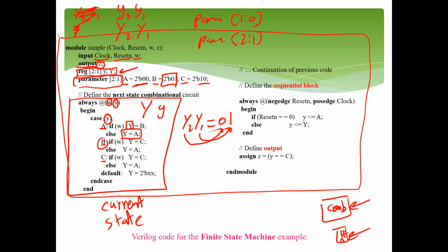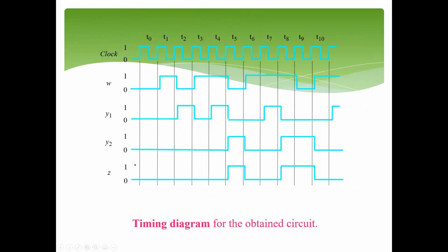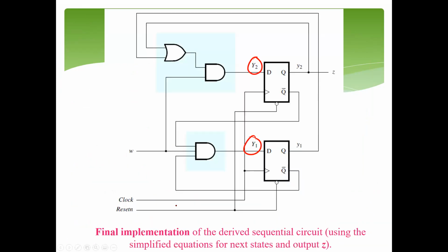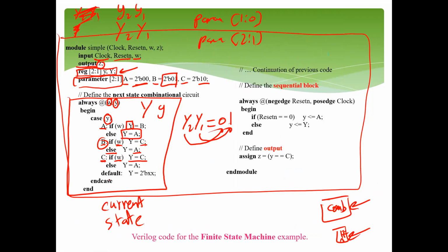Now, at state B, if W equals 1, go to state C. If W equals 0, go to state A. In state C, if W equals 1, stay at state C, because this is what we have in here. If you are at C and you get W equal to 1, stay at C. Else, go to state A, that means W equals 0.